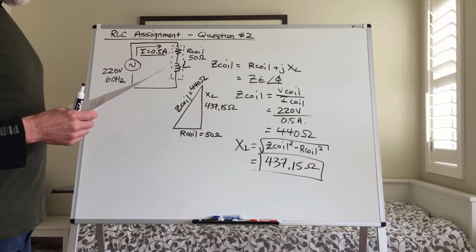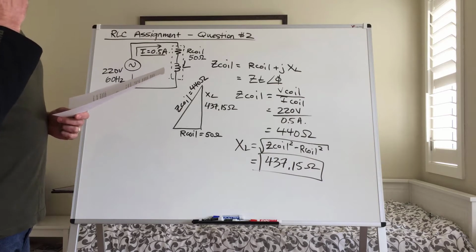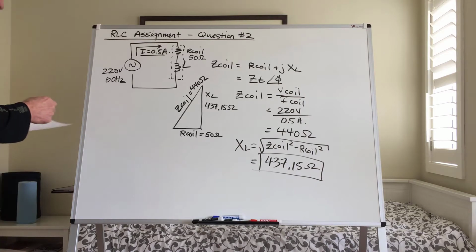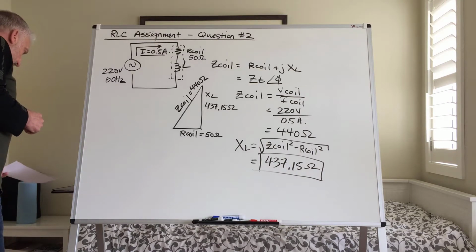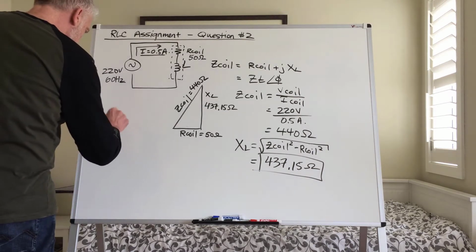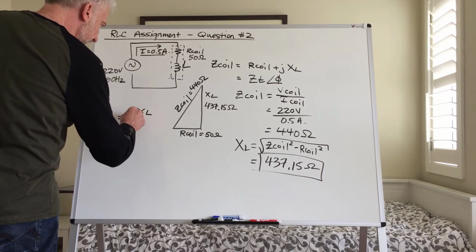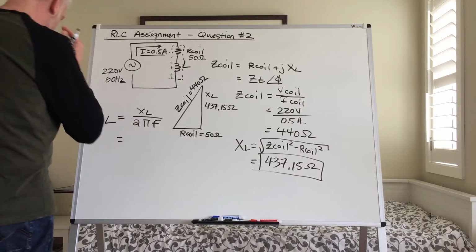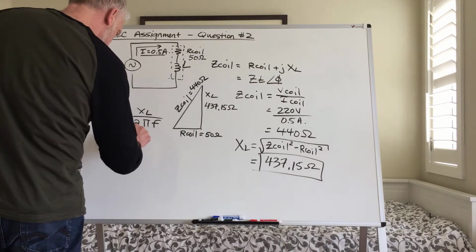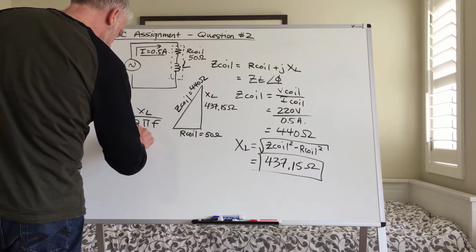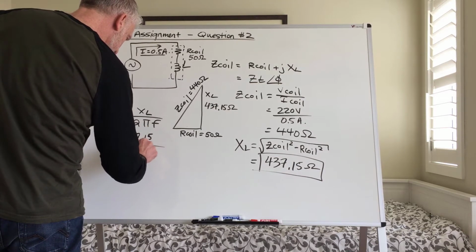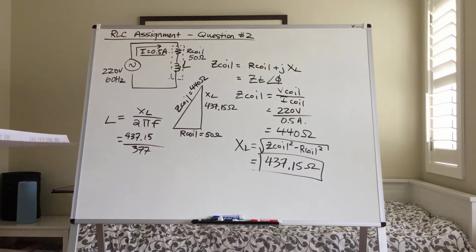And then what it wants us to do is determine the XL value, which we got, and lastly we can get the L. If we're going to determine the L value, L is going to equal XL over 2 pi F. So that's going to be 437.15 over 377, for the angular velocity at 60 hertz.